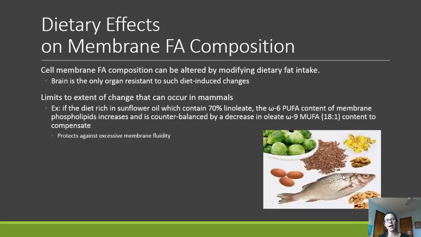If I have a diet that is, for example, rich in sunflower oils, which are high in linoleate, then the omega-6 content of the membrane increases, but that's counterbalanced by a decrease in a different kind of unsaturated fatty acid in the membrane. So yes, we can incorporate more unsaturated fatty acids into our cell membranes, but only to a certain extent, because our body wants to protect against excessive membrane fluidity.